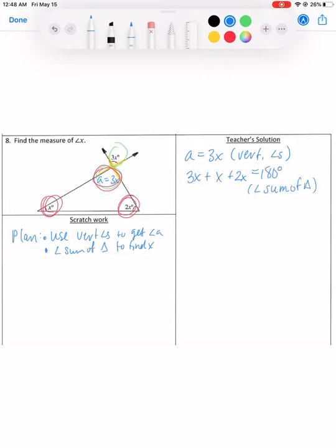So we write that out there. When I add these up together, I get 3x and x make 4x plus another 2x gives me 6x. Divide by 6 on both sides, and x is going to equal 30 degrees. That's my answer. I'm finding x, so I need to put therefore. And I can go ahead and box that too if I want. That's how number 8 works.